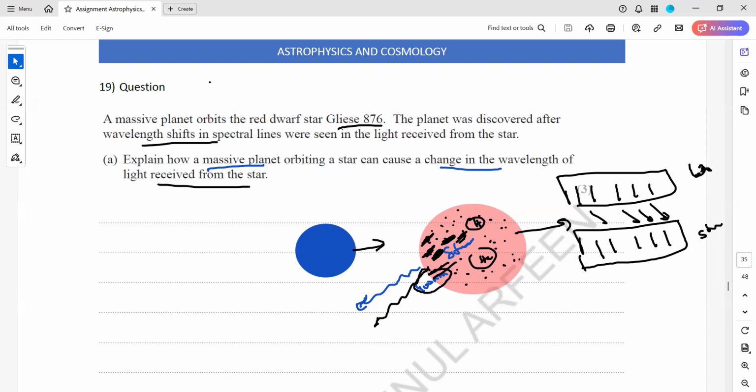As a result, we observe a change in wavelength, or a Doppler shift. Is it clear?